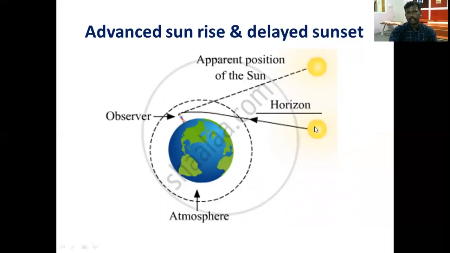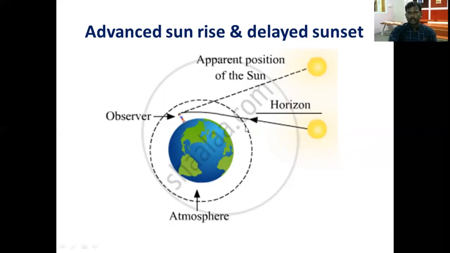So it is due to the advanced sunrise, and this is by the refraction of the light rays. The actual path is a straight line, so we cannot receive the light ray. So it is refracted.